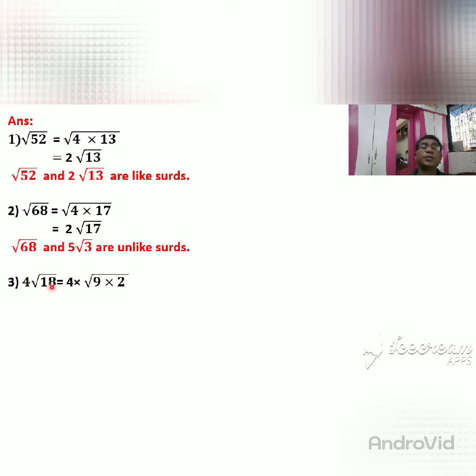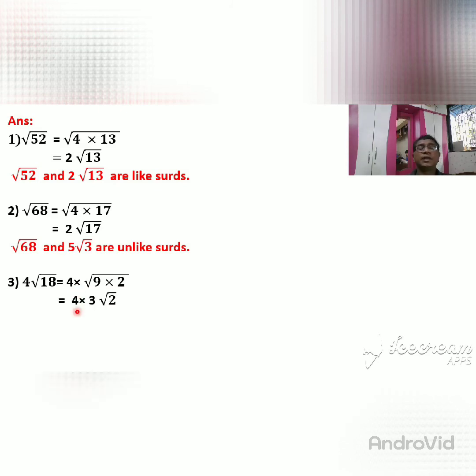So 18 factorized is 9 into 2. These 4 remain as it is, and in the radicand sign 9 into 2. What is the square root of 9? 3. So 4 into 3 root 2.